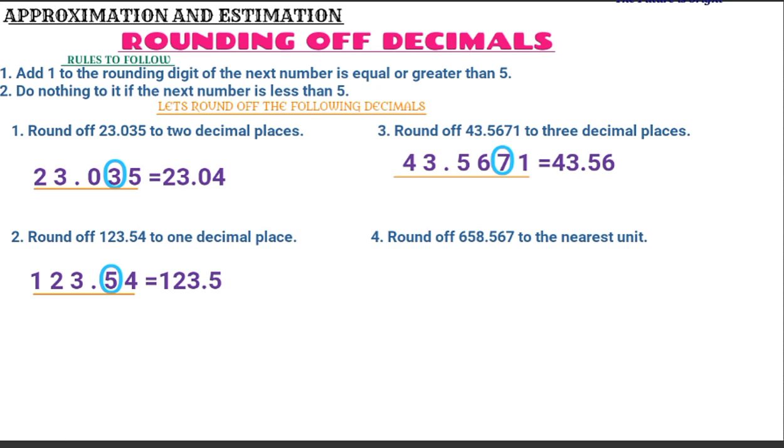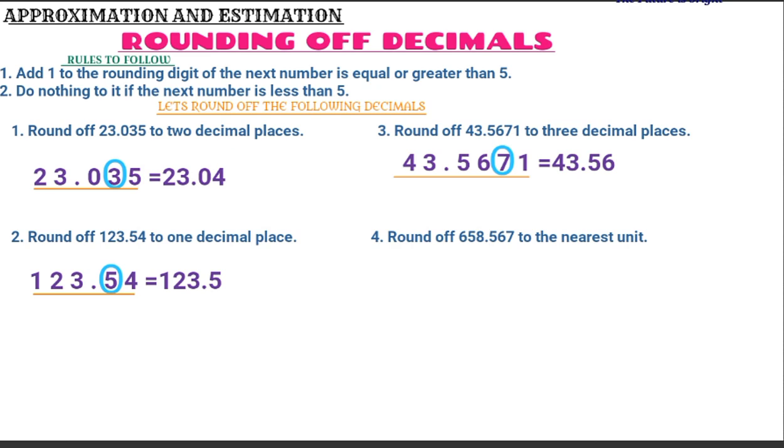Rule number 1 says add 1 to the rounding digit if the next number is equal to or greater than 5. The second rule says do nothing to it if the next number is less than 5. Now we can see that 1 is less than 5, so we'll do nothing to 7, or we add 0 to 7, which will give us 7.